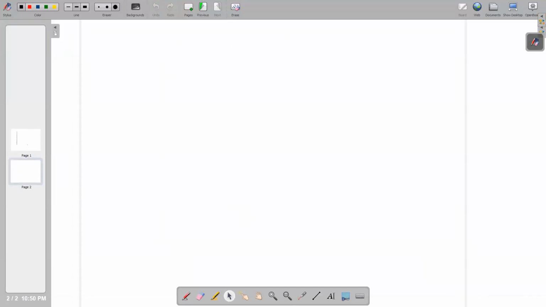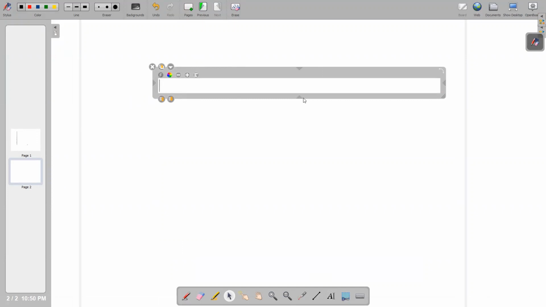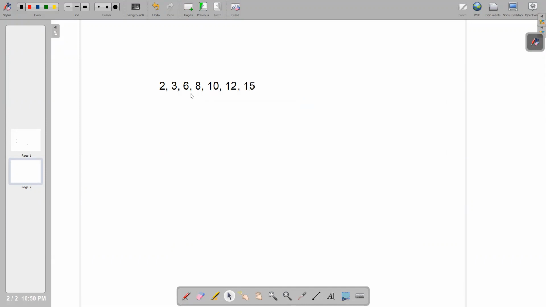For example, if you make up some numbers for a data set, say 2, 3, 6, 8, 10, 12, and 15, right? So we have these 1, 2, 3, 4, 5, 6, 7 numbers. That means we have a sample size n equal to 7, and 7 is an odd number. So when we have an odd number of observations, we need to find the number right in the middle of the data set as the median.